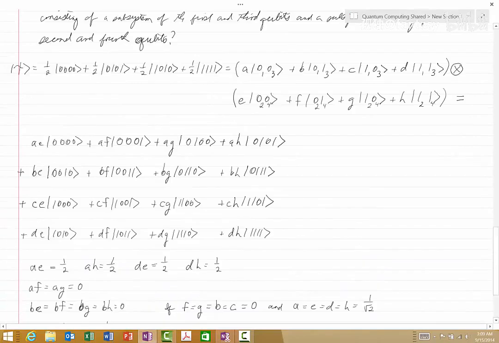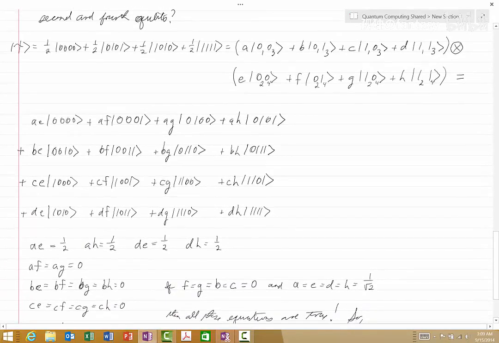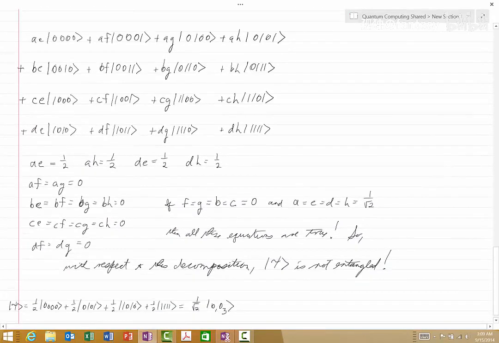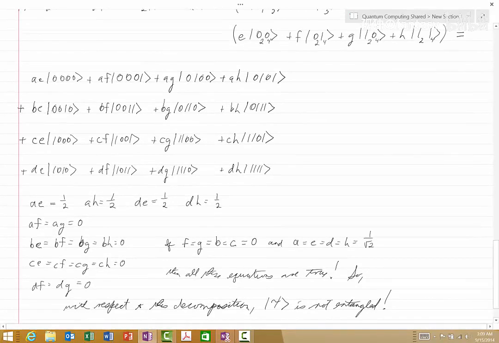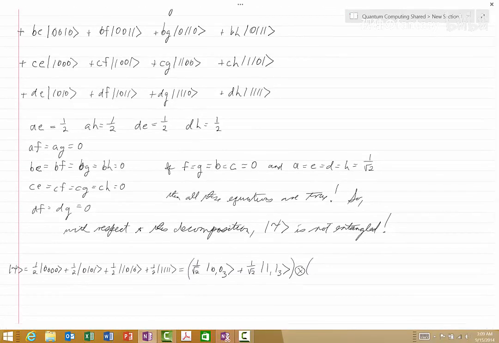B is equal to 0, C is 0, but D is 1 over square root of 2. So plus 1 over square root of 2, 1, 1, 1, 3. Tensor product with E is 1 over square root of 2, so we have 1 over square root of 2, 0, 2, 0, 4.